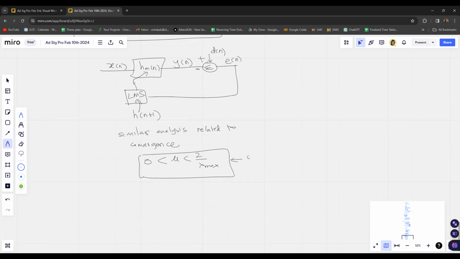This is the condition for the convergence, and the mu value should be selected according to that and used to converge the algorithm accordingly. So this LMS algorithm is a very simple method, the simplest of the gradient descent algorithms.